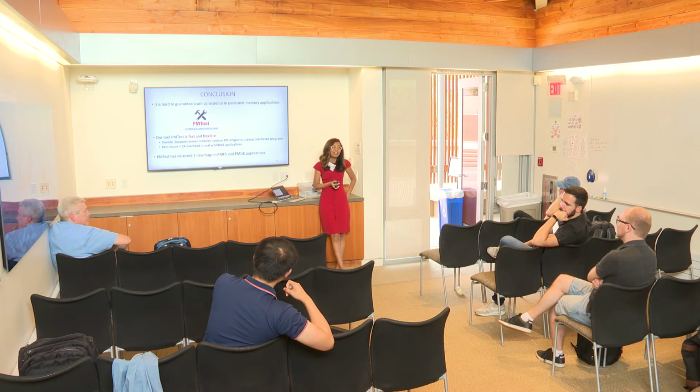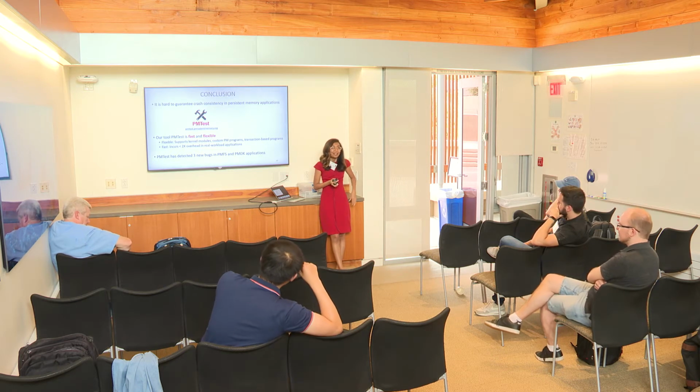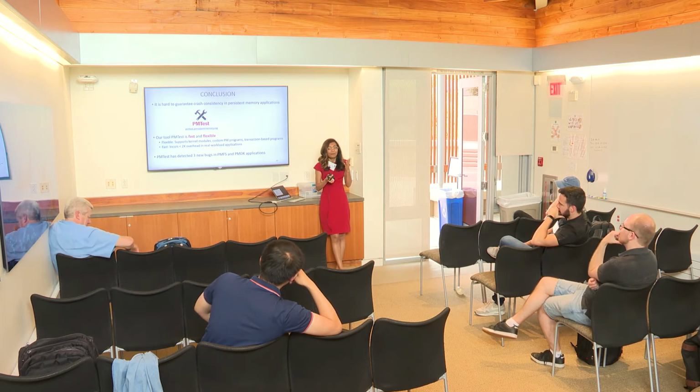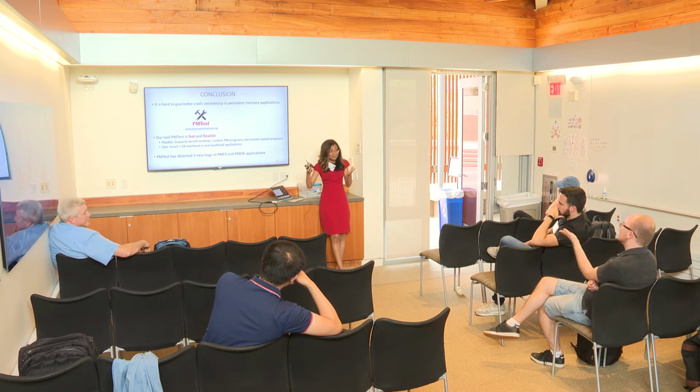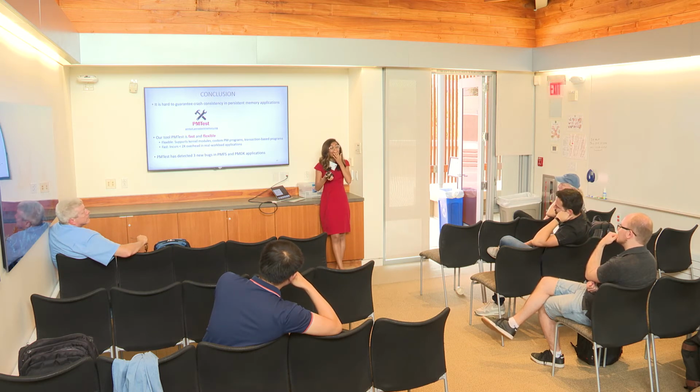Basically, what we are saying is, if we think of the program that is running before failure as a thread, and the after-recovery as the post-failure thread, they're racing for the same memory location, but at different times. Exactly. And we can use that to detect where the error is happening.